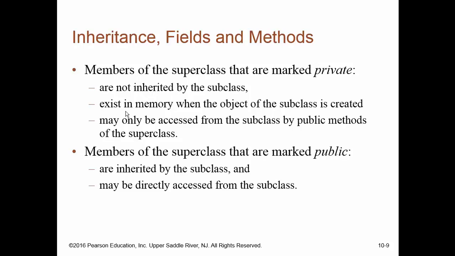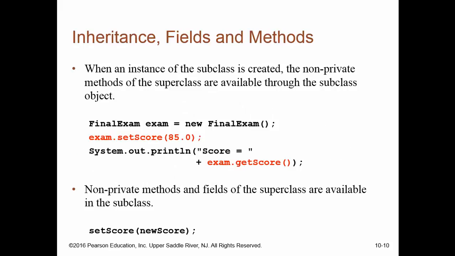They exist in memory, but they may only be accessed from those public methods of the superclass. Anything in the superclass that's marked public is directly inherited and can directly be used by the subclass. As mentioned here, when an instance of the subclass is created, non-private methods are available through the subclass object.